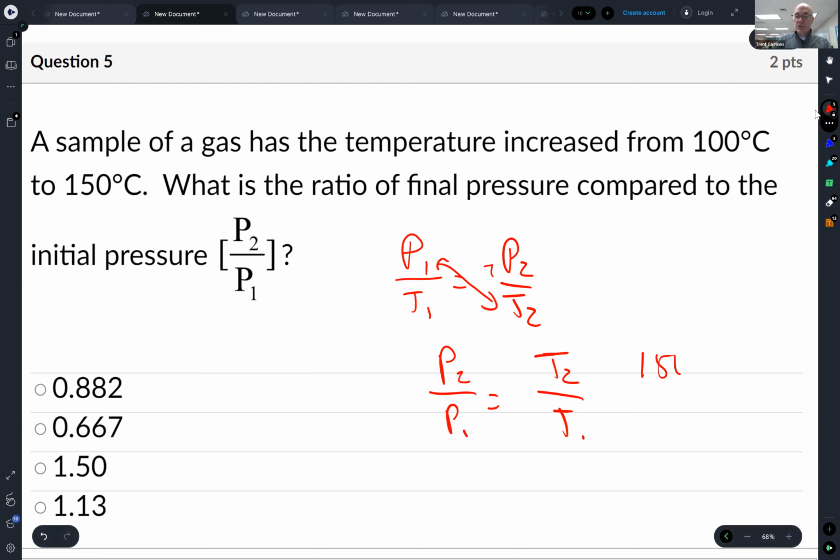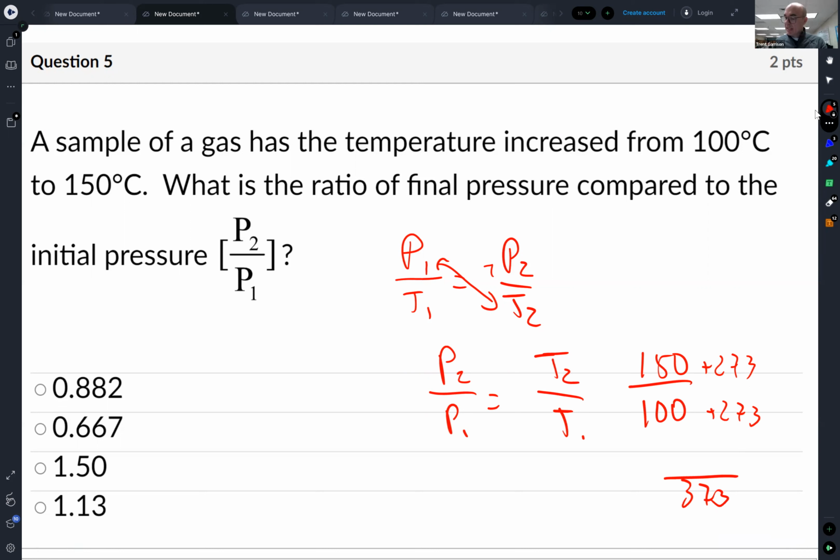We're doing final temperature over initial temperature, but we need to add 273 to both of these as always. So I've got 373 on bottom, 150 plus 273 gives me 423, divided by 373, and I get 1.13. So that's my answer, number 5.